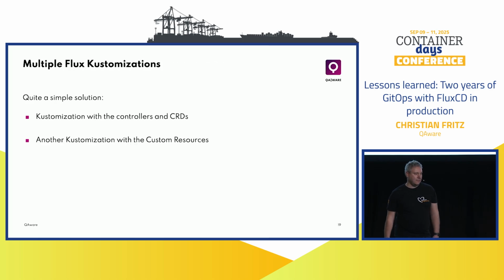Yeah, the quite simple solution is you split the customizations into controllers and configuration. The first customization will add the controllers, for example, the Envoy gateway and all CRDs, and the second one will apply the resources which are using these CRDs, for example, the HTTP routes.